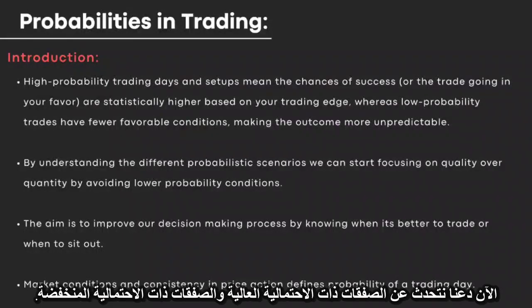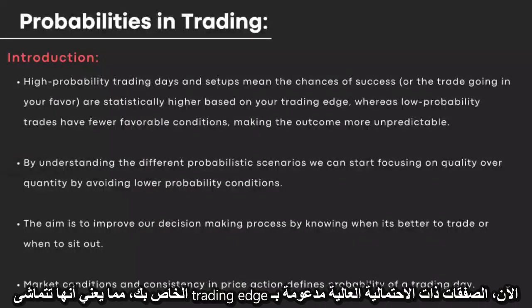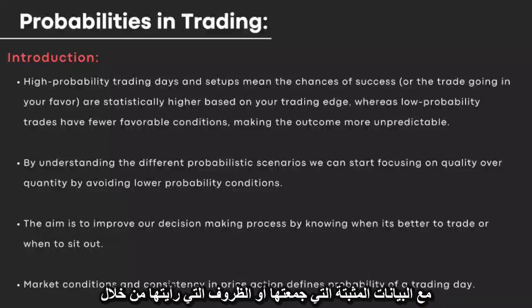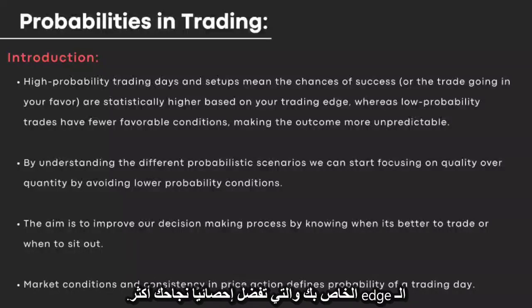Now let's talk about high probability and low probability trades. High probability trades are backed by your trading edge, meaning that they are aligned with the proven data that you've collected or the conditions that you've seen through your edge that statistically favor your success more.